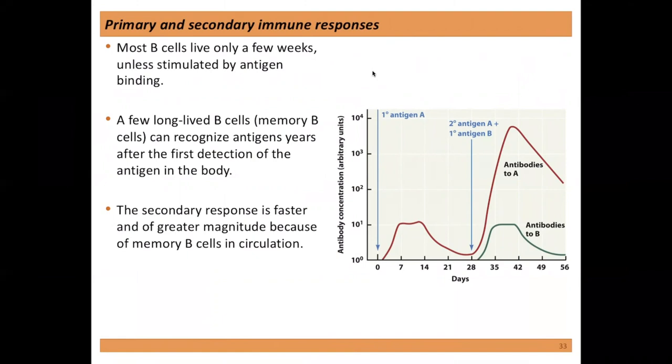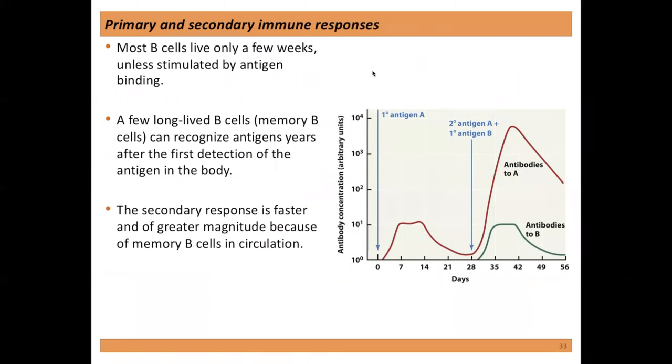But most B cells only live a few weeks unless stimulated by antigen binding. So essentially you send out a bunch of pilots, and these pilots don't have long lifespans, and if they don't find someone to shoot down, they feel bad about themselves, crash their plane and die. There are a few long-lived B cells.